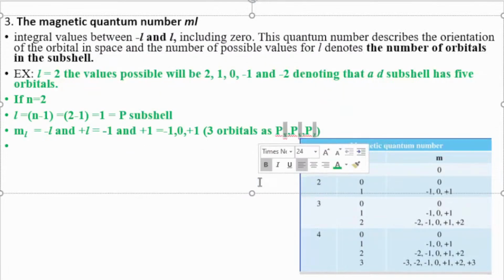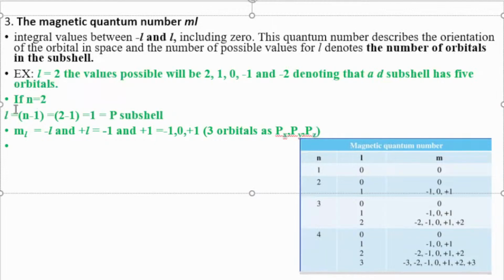Did you understand how to find this? Did you get it, guys? Then next question.